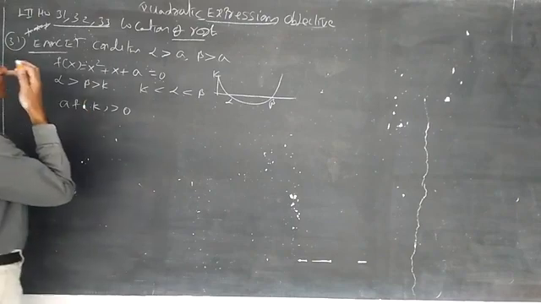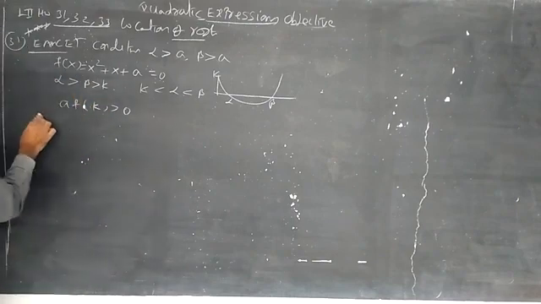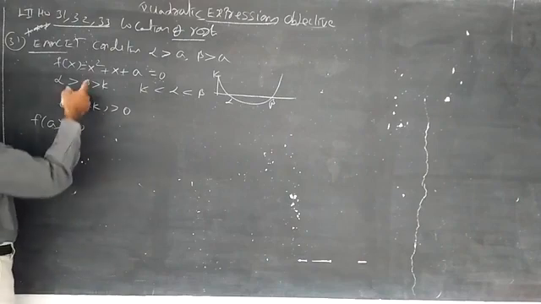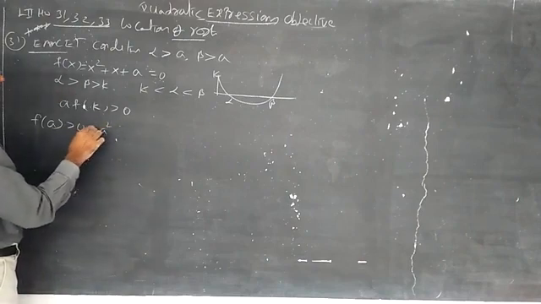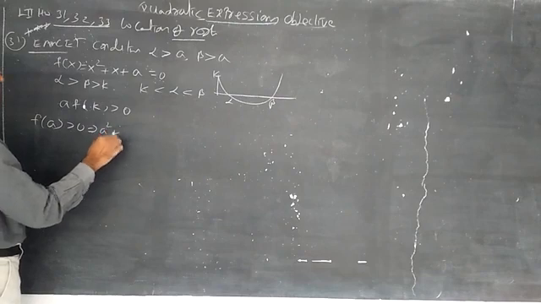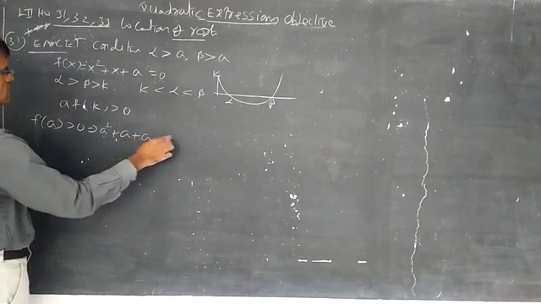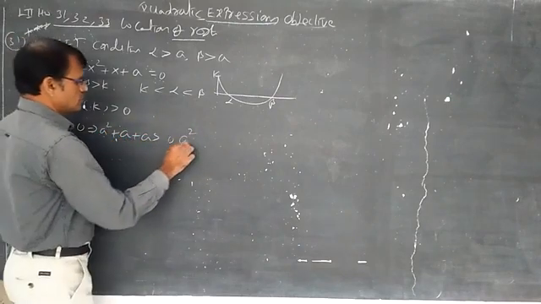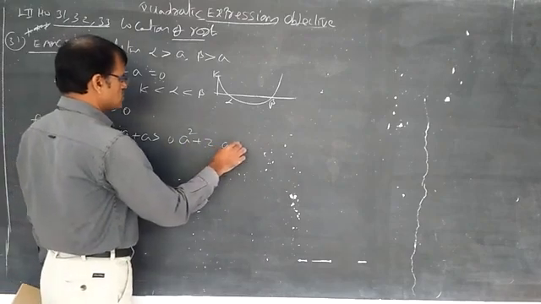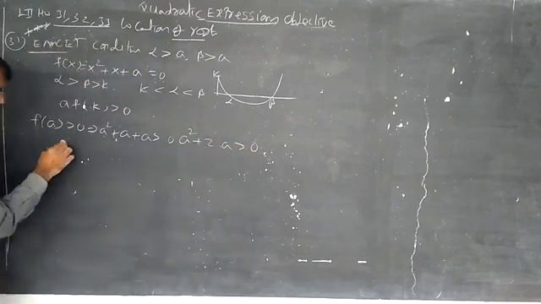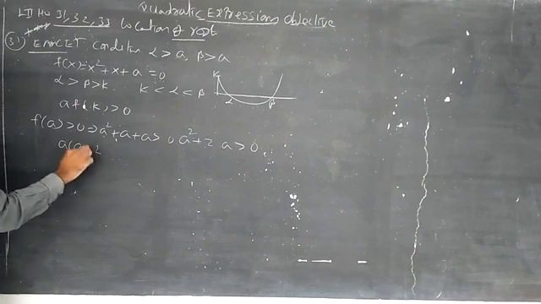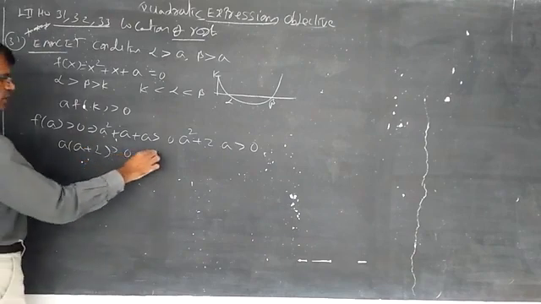So what is the value? Simply you can put a here, so it is indicating f of a greater than 0. A means k. That implies a square plus a greater than 0, so a square plus 2a greater than 0. A you can take common. We can write a into a plus 2 greater than 0.